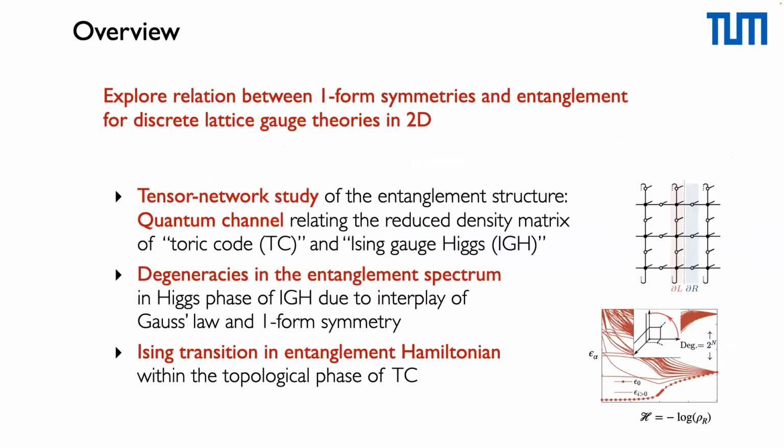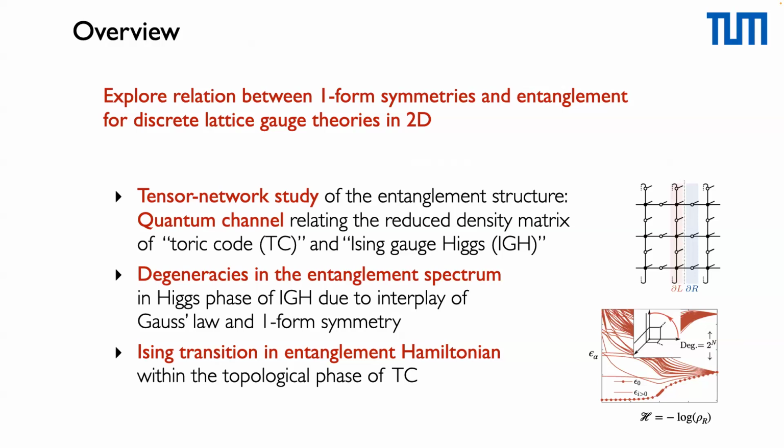Right, and now maybe I just stop by giving the overview of what we are currently working out. What we did so far is a tensor network study of this model. We now have a more general Z2 lattice gauge model for which we do a tensor network study.